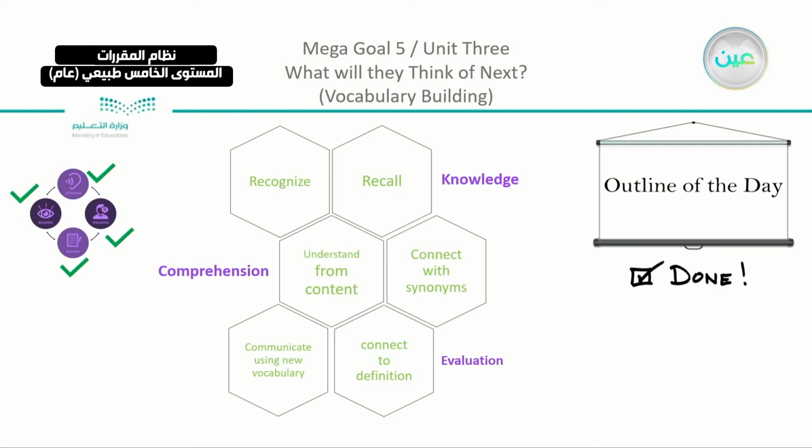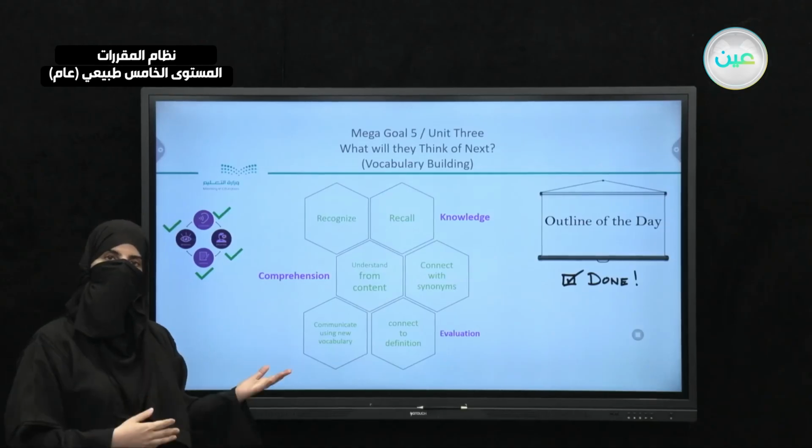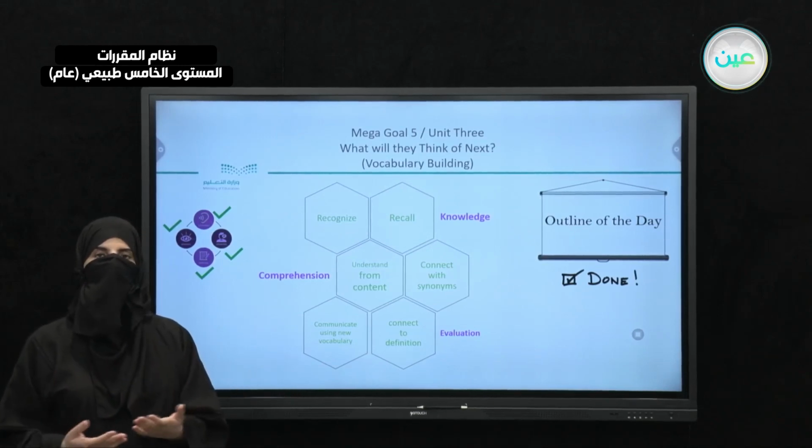So you are going to use the new vocabulary and try to think of something very different. We have here also to connect to the definition. We did this part, and you are going to also go back and revise as your homework. So until the next lesson, inshallah, just do what we have here, and I'll see you soon with the reading lesson.